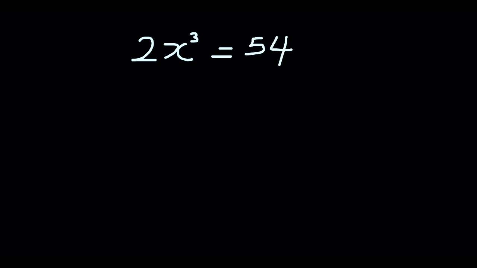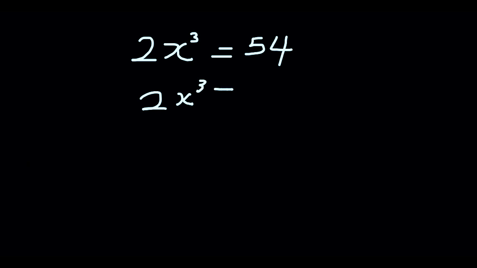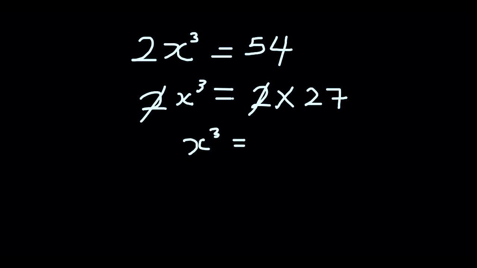This gives us 2x power 3, and 54 can be written as 2 times 27. So 2 cancels 2. We have x power 3 equals 27.